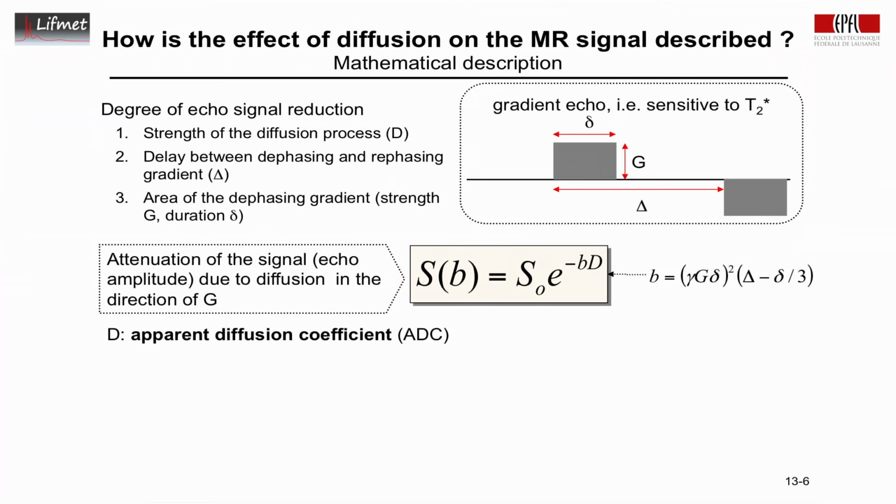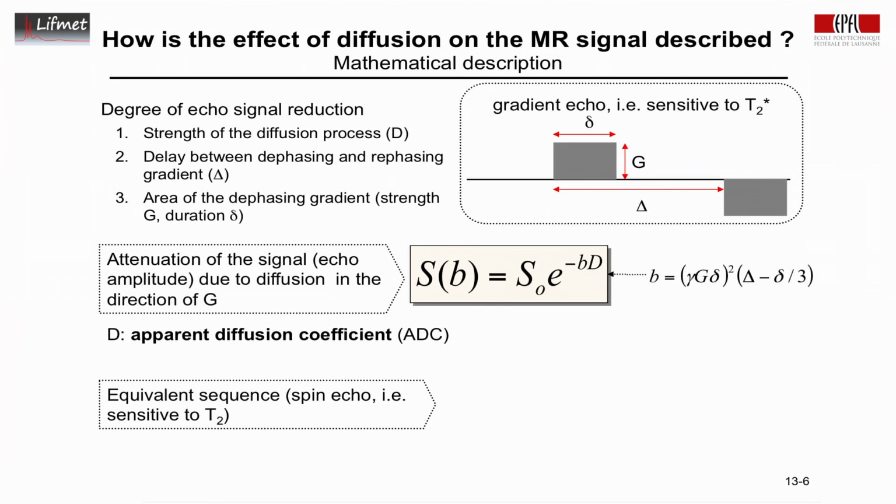Although in the case of free water, for example, we can very well quantitatively measure this ADC, and from the ADC measurement, because this changes with temperature, we can actually determine to a very good precision the temperature of the water sample. Now the sequence that I've shown you here, that's diffusion weighting. It introduces this weighting into the signal. It can also be done with a spin echo. So we have the two gradients.